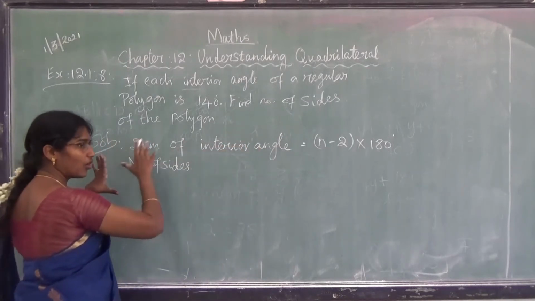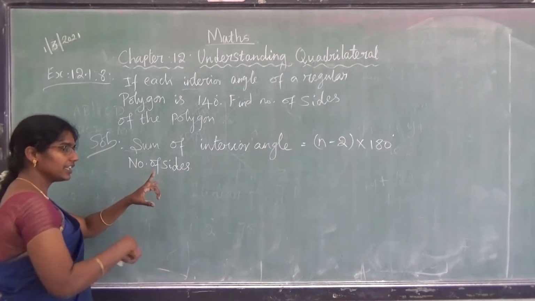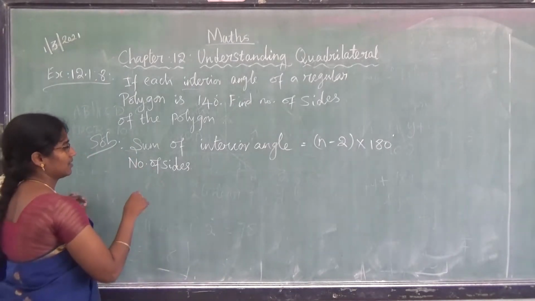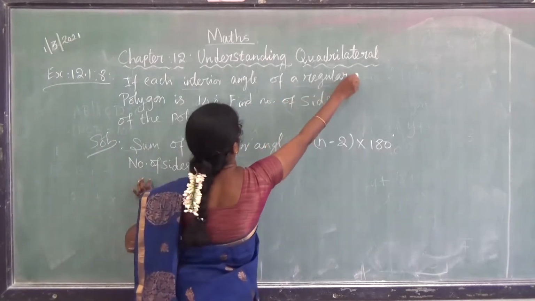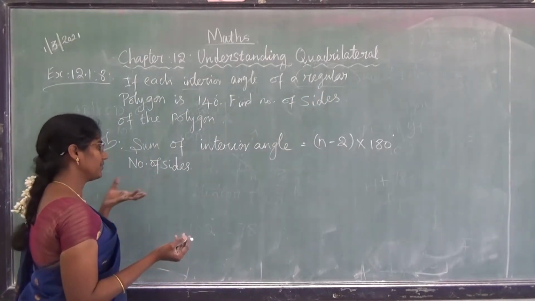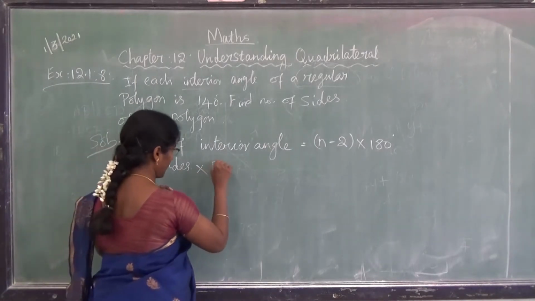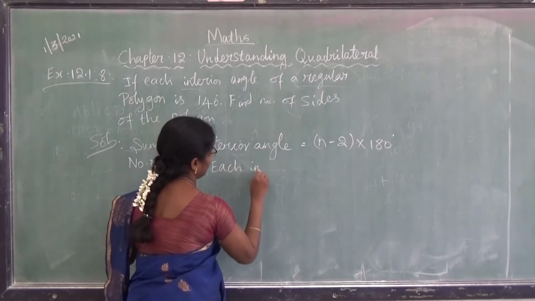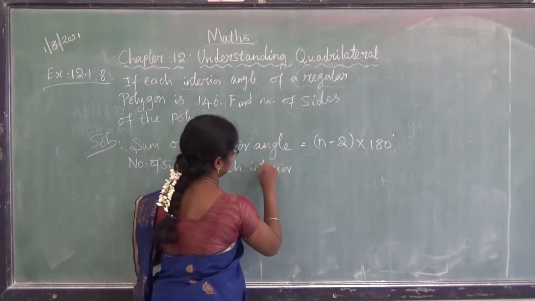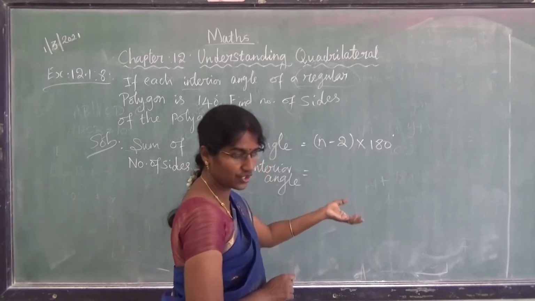We need to add all the interior angles. So one interior angle into the number of sides, because it is regular, so all the angles must be the same. How many sides we don't know, that only we are going to find. So the number of sides into each interior angle is equal to n minus 2 into 180 degrees.